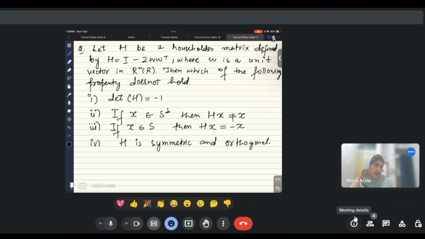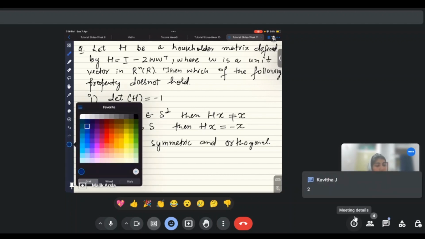So you all know what H is. H is a householder matrix, and you know about the properties of H. According to you, which option should be correct? Option two. Okay.